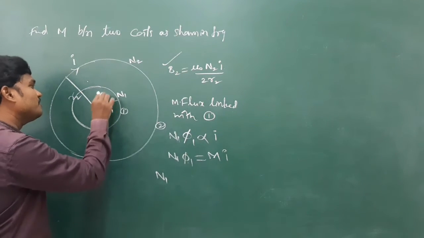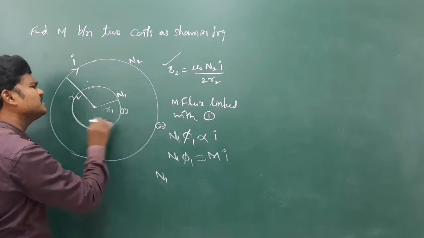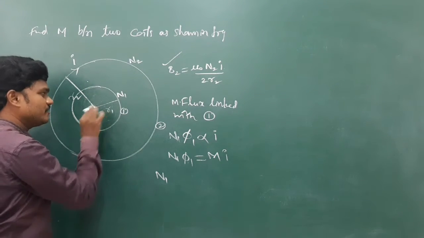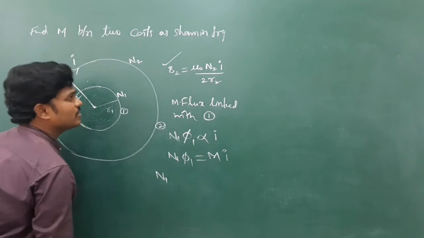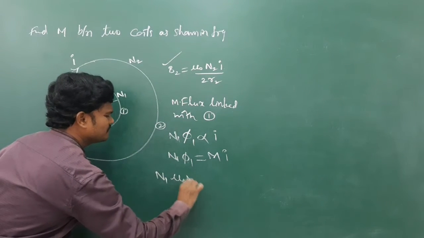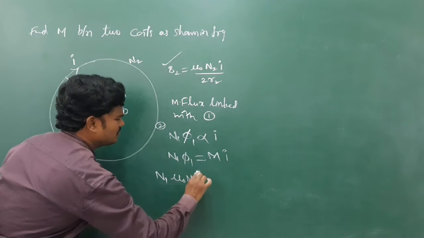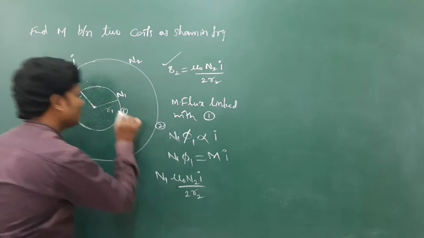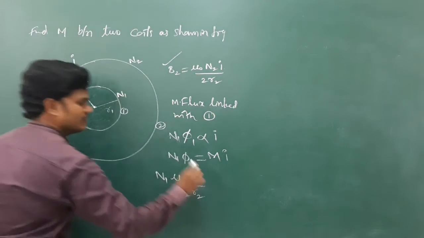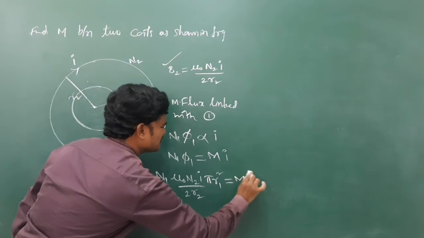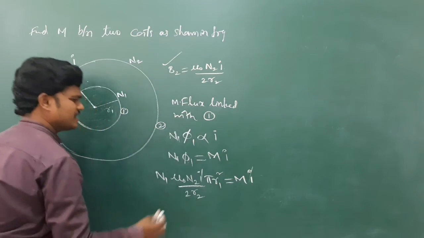A is the area of the field region, this region only, the other side is weak. So phi 1 is nothing but BA. B is mu naught N2 I by 2 R2, and A is the area of this one, pi R1 square. So I gets cancelled.